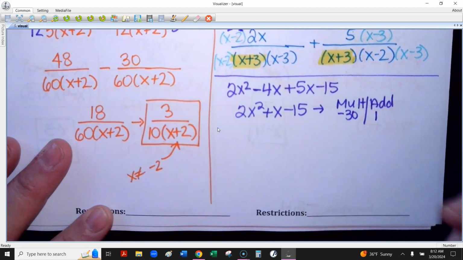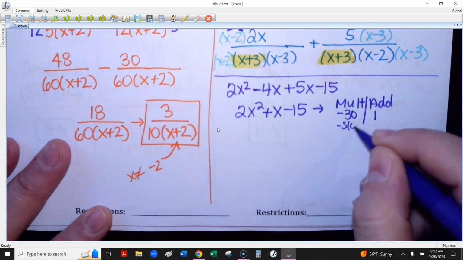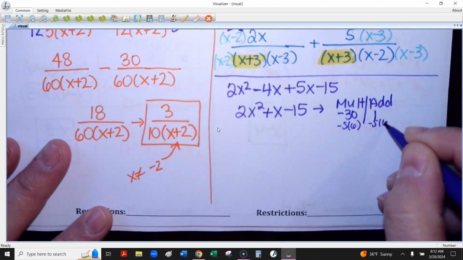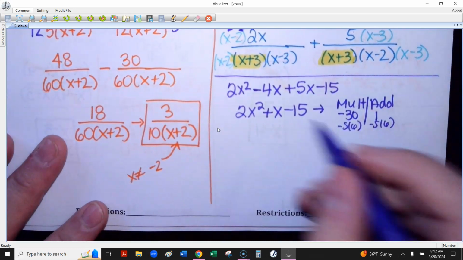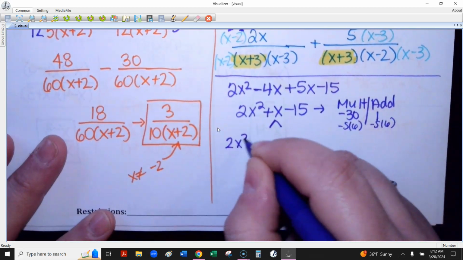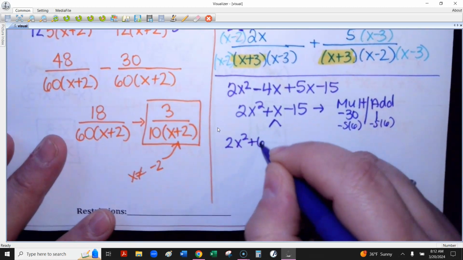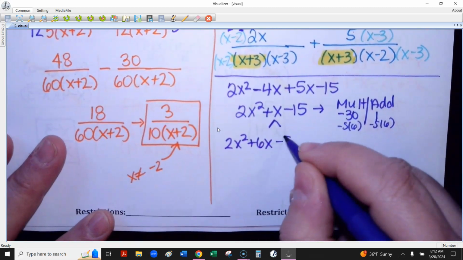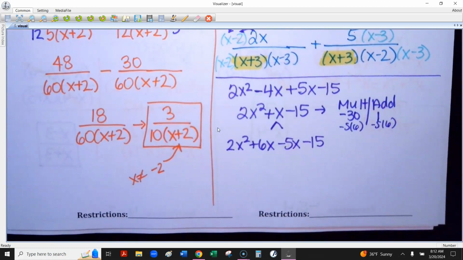The only two numbers that are going to fit both of those requirements are -5 and 6. -5 and 6 multiplied is -30. -5 plus 6 is 1, so we should be good there. I'm going to use that to break apart that middle term. So I get 2x squared, I'll just do the plus 6x first, and I'll do the minus 5x second. That really doesn't matter, but just for this example.